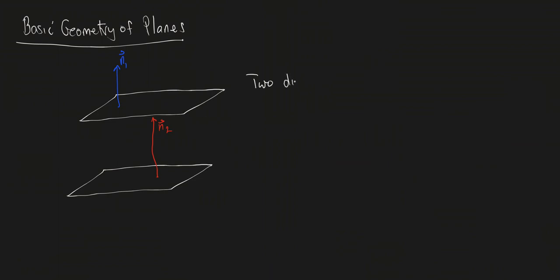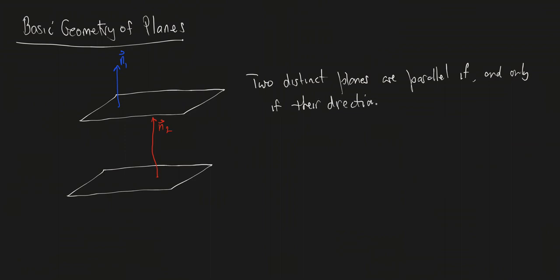So two distinct planes are parallel if and only if their normal vectors are parallel.